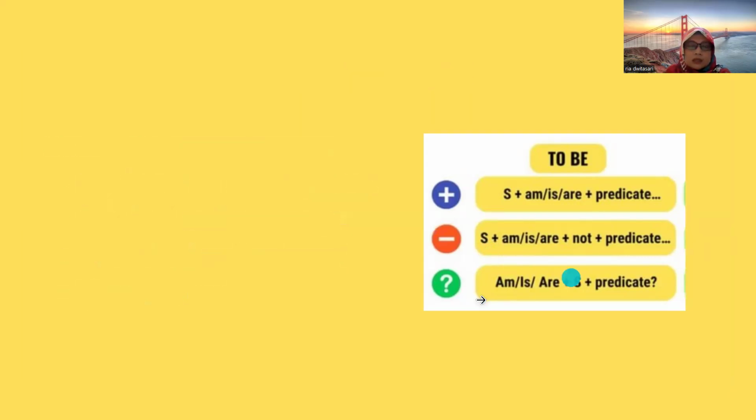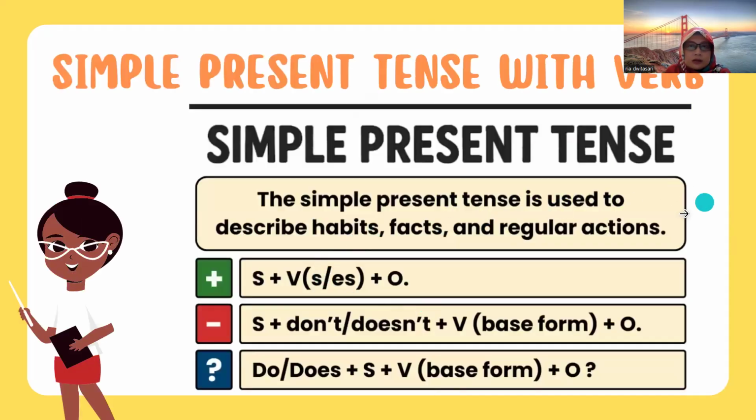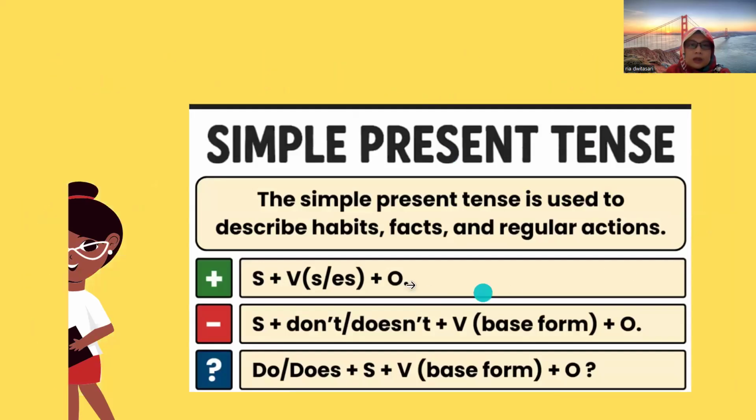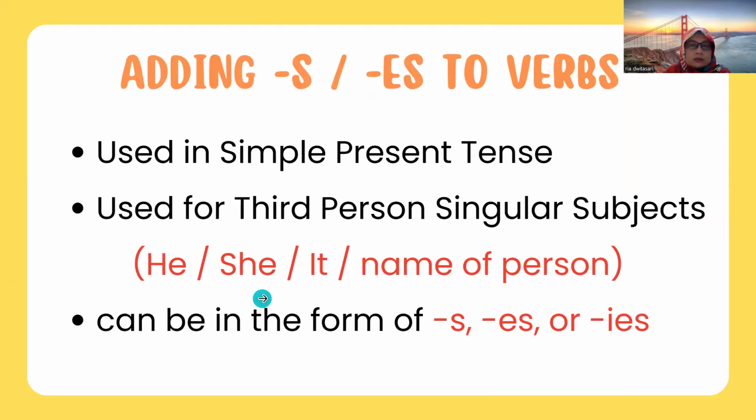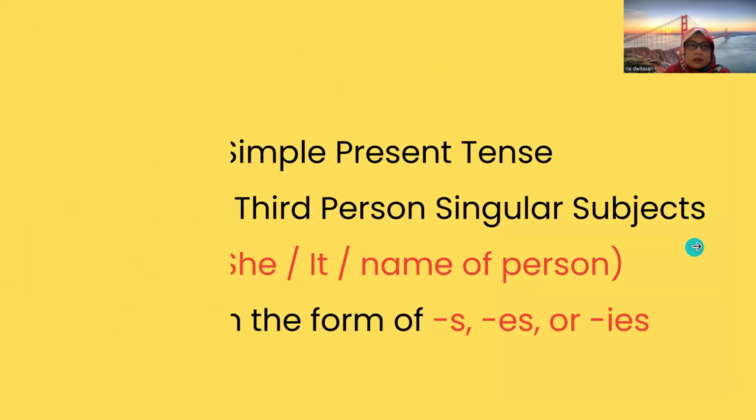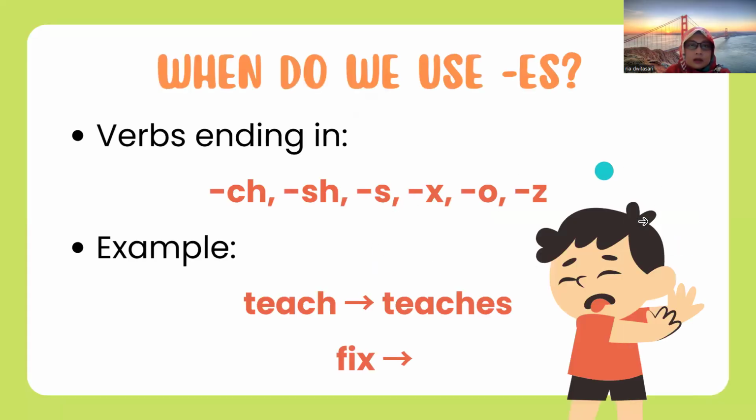And then next, another explanation with simple present tense with verb. Then we also give some rules on how to add s or es to the verb. When do we use es in the verb?